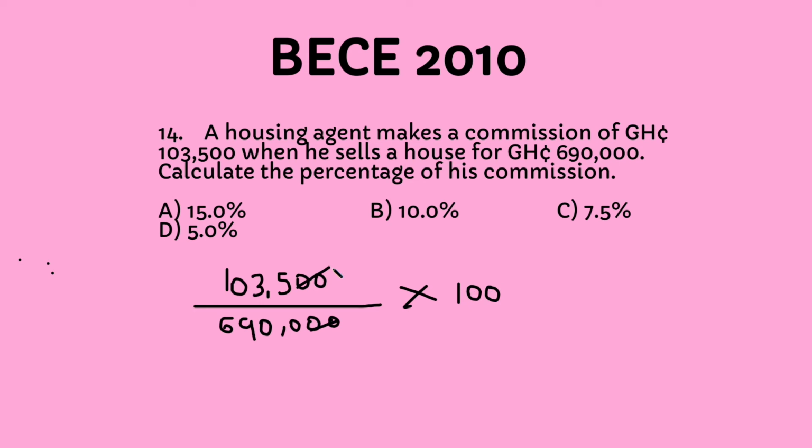Now, when we do our breakdowns and our cuts, we're going to get 3 out of 20 times 100. Yes. And 20 goes into 100 how many times? 5 times. So 3 times 5 will give us 15%. And our answer for question 14 will be A.